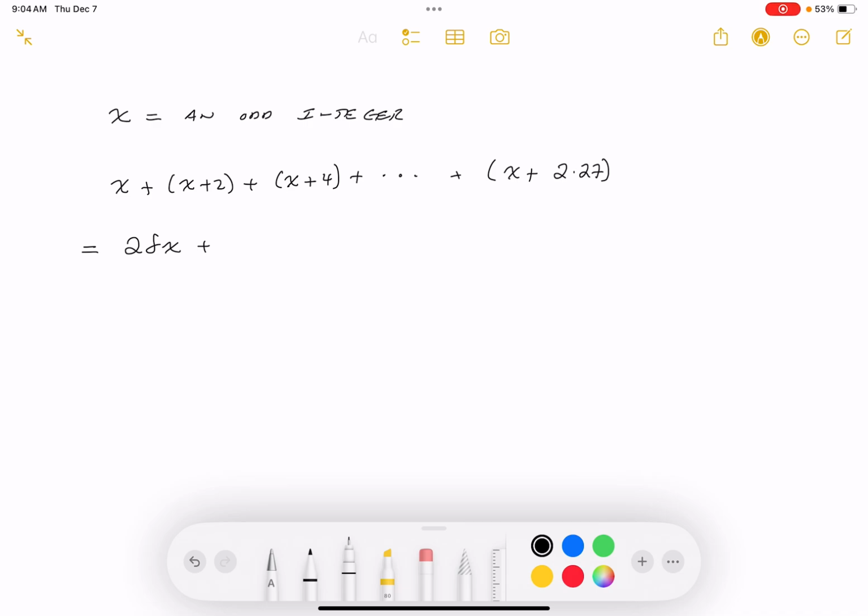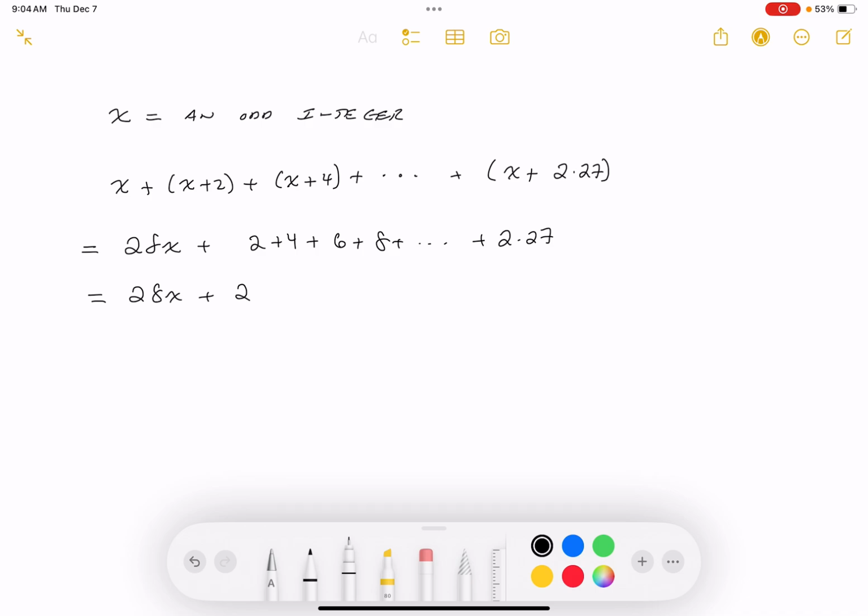Now the next thing I'm looking at is a sum. It's going to be 2 plus 4, and they're going up by 2, 6 plus 8, and so on, all the way up to 2 times 27. Now I'm going to factor out a 2.